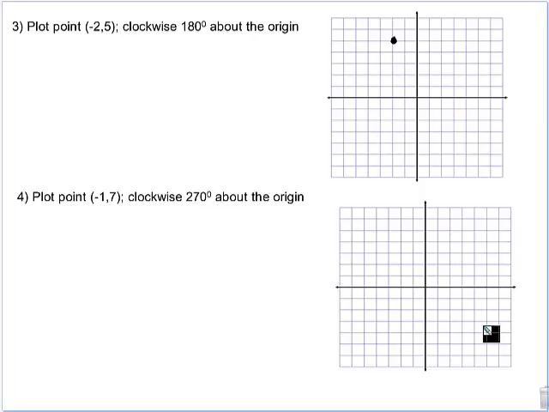So we get 2, negative 5. Then we plot the point 2, negative 5. And now with 180 degrees, if we connect both of these with the origin, it should be a straight line. And that's what it is.